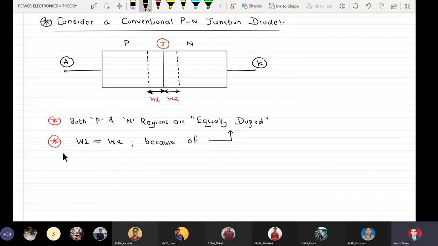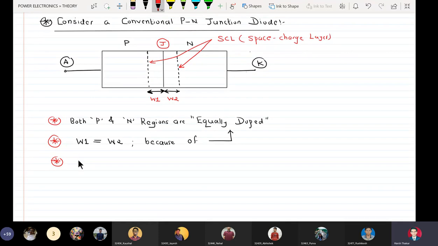Okay, because the P and N are equally doped, the depletion region extends equally to both sides of the junction. So now understand one thing, that this is also called as SCL, space charge layer.